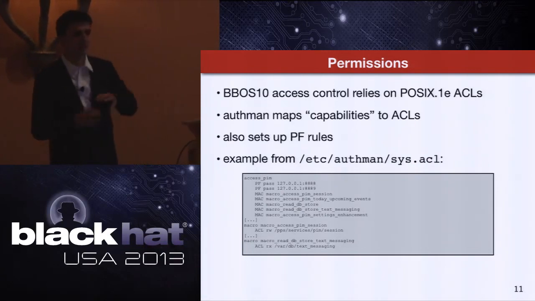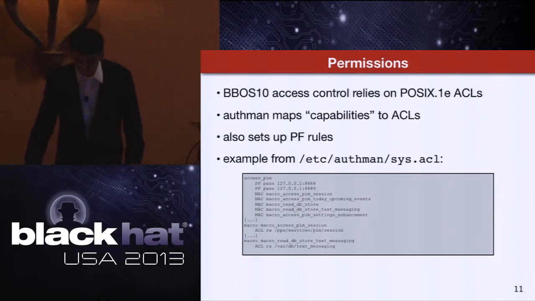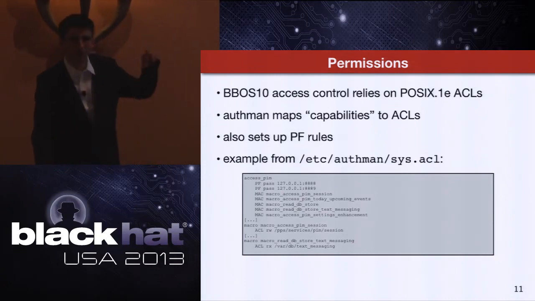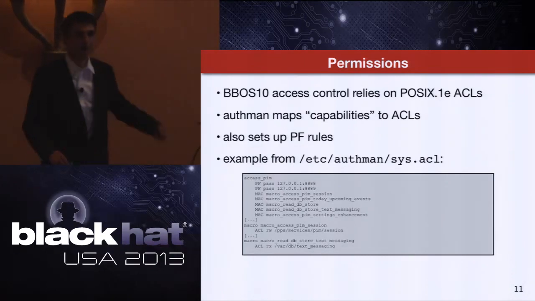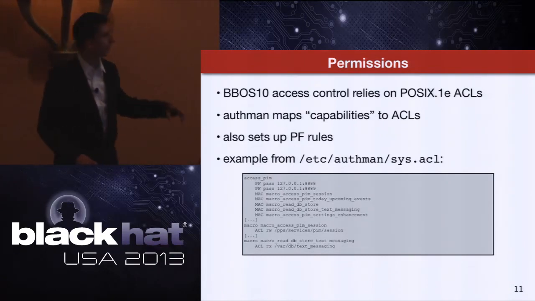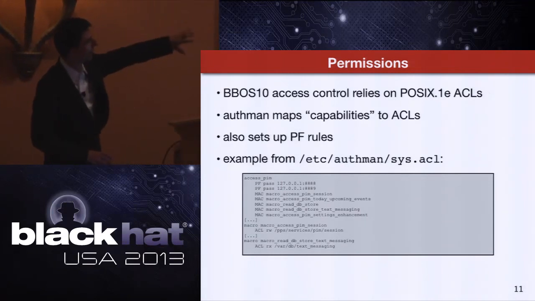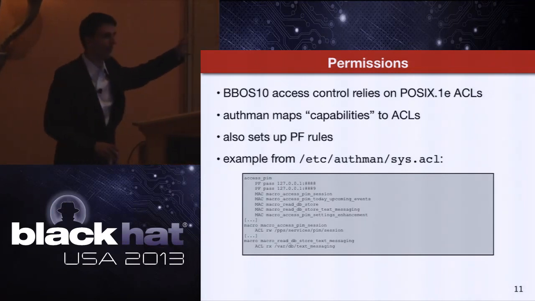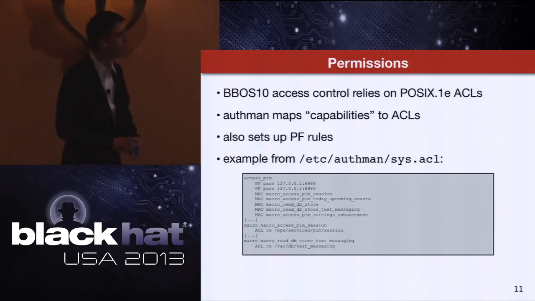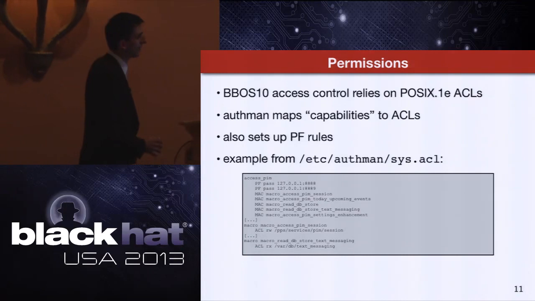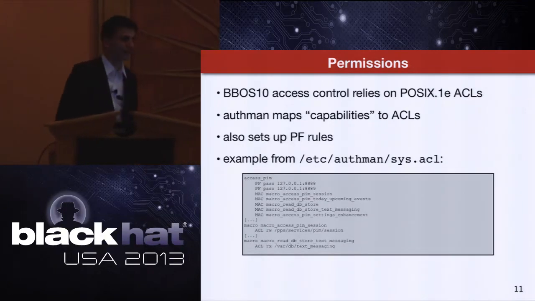But for instance, Android has these intents, and you can grant fine-grained permissions, for instance, for the camera or address book when you install an application. BlackberryOS 10 has a gazillion permissions, and they're actually mapped to the operating system layers by a process called authman. And this basically maps the permissions or capabilities to access control lists.